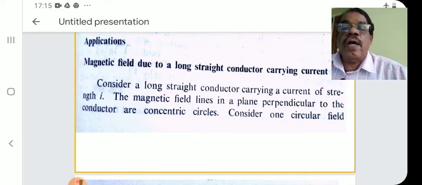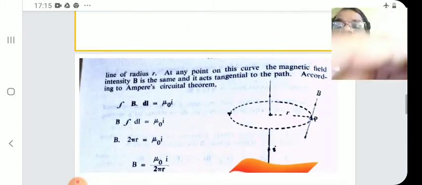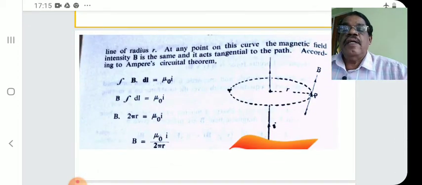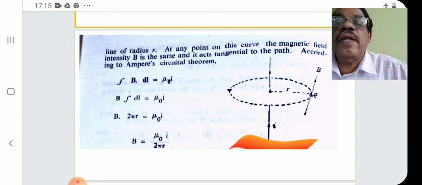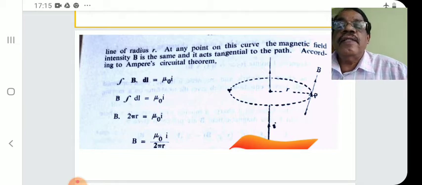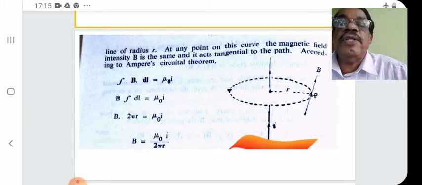Consider one circular field. You see the figure. There is a conductor. A circular path is given. At a distance r, a point P is indicated. We have to find the line integral and thereby we can determine B.